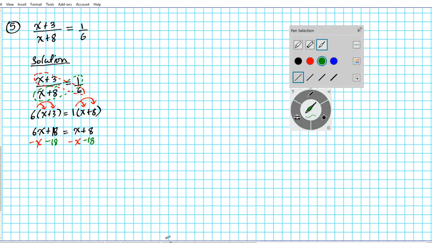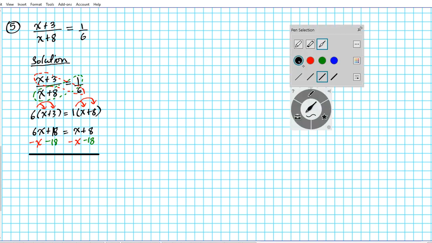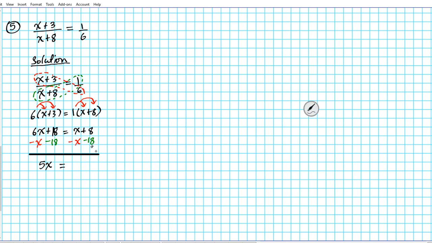So I will subtract 18 from both sides of the equation. And the final result is going to be, so 6x minus x is 5x. Positive 18 minus 18, that adds up to 0, equals x minus x is 0. 8 minus 18, the signs are different, so you subtract and keep the sign of the bigger, so it's going to be negative 10. Alrighty.